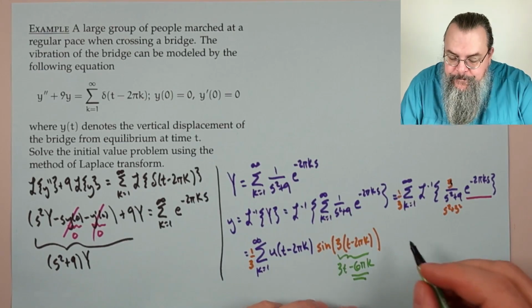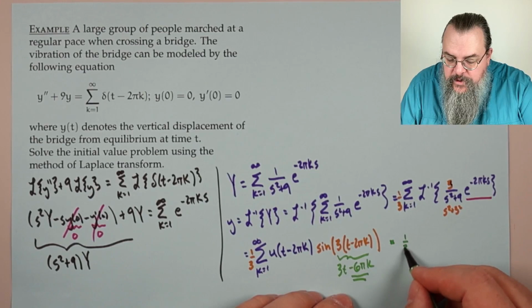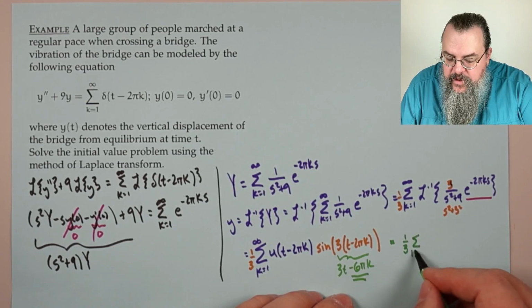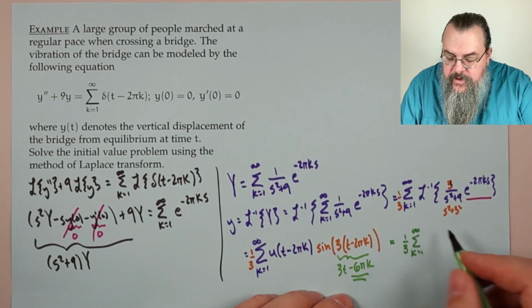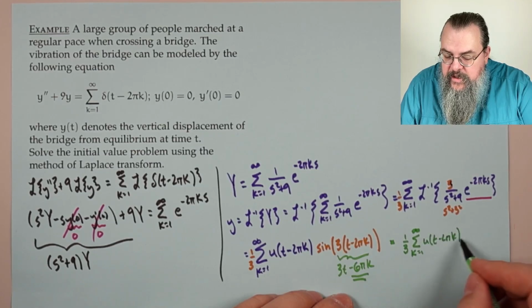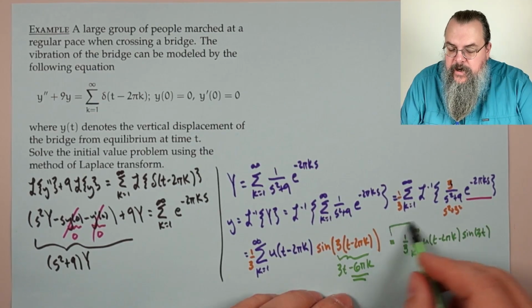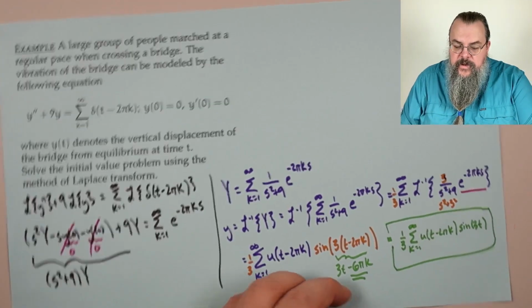All right. So what we end up with is 1/3 the sum k equals 1 to infinity of u(t minus 2 pi k) sine of 3t. All right. Good. Done.